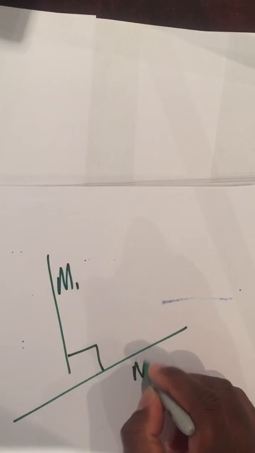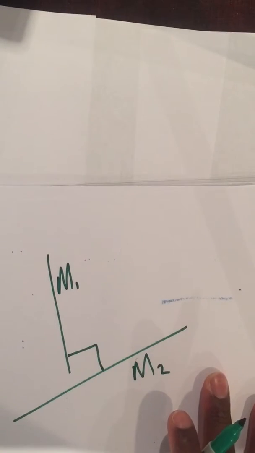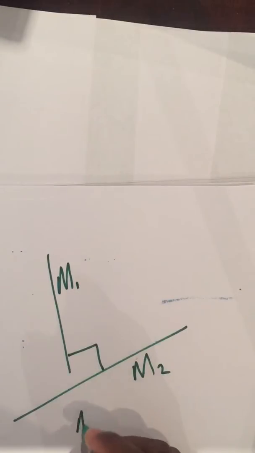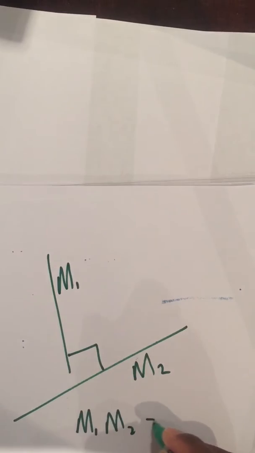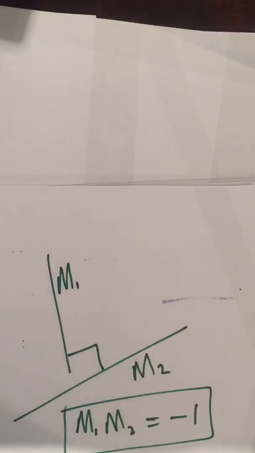If the gradient of this one is m1 and the gradient of this one is m2, just because they are perpendicular, we can now say that when you multiply m1 and m2, you must get -1. Take it, okay? Don't argue. Don't even ask why. You haven't got time. Just take it. If they are perpendicular, then the product of the gradients must be -1.